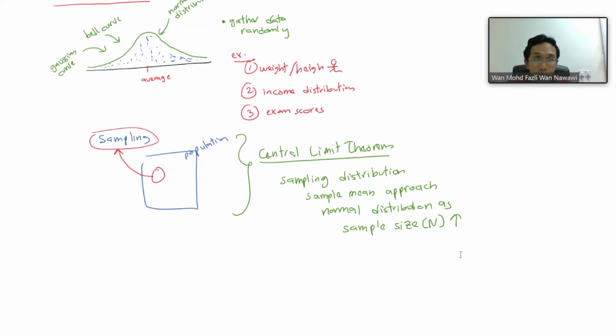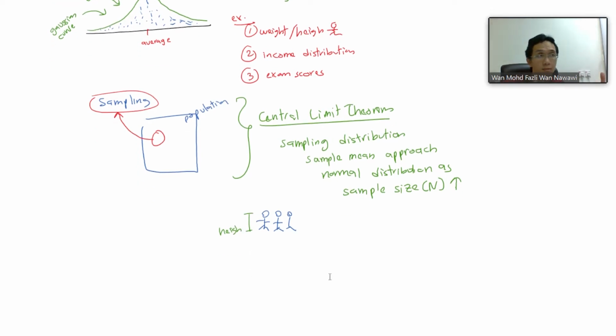To get the idea here, let's say you measure the height of the people in your family. Normally your family has maybe 3, 4, 5, 6, 7 persons. For that, you will see the graph may be something like this, not so much variation.